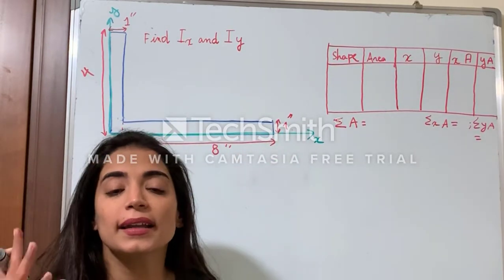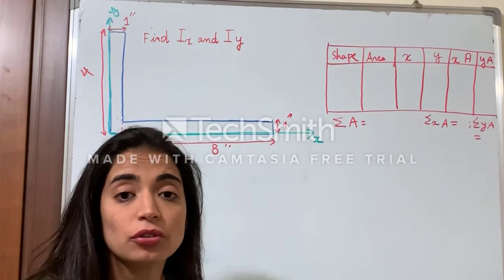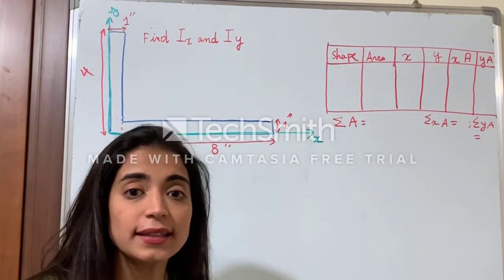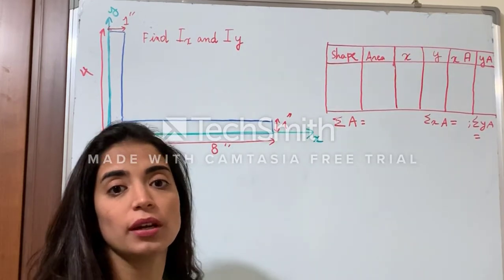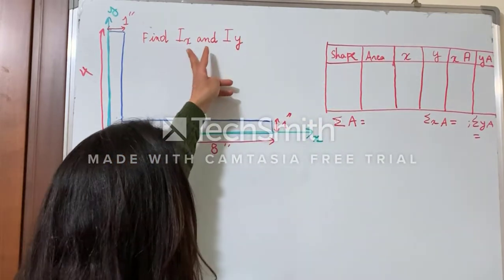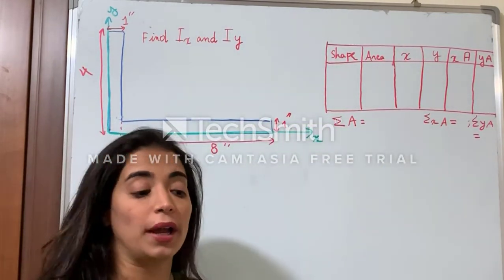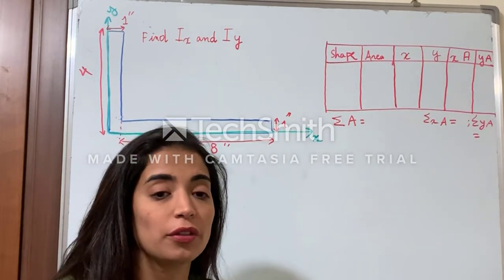Which means, guys, I need first to find this centroid. This is the first step, and the second step is to draw X passing through the centroid and Y passing through this centroid in order to find Ix and Iy. So let's start by applying the first step, which is to find the centroid.